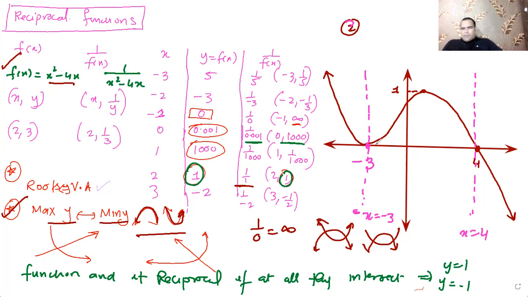Number two. Now talk about each segment: the first part is this domain, the second is this domain, and the third is this domain. As you can see, the function was approaching 0, and the reciprocal goes towards -infinity here.